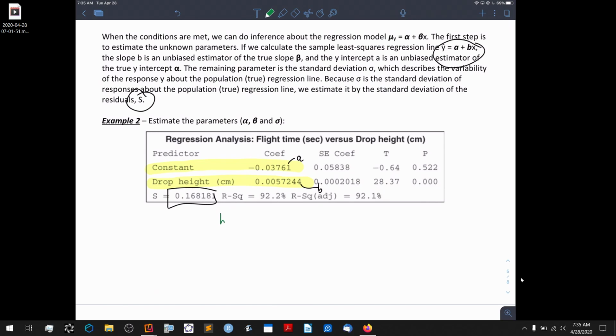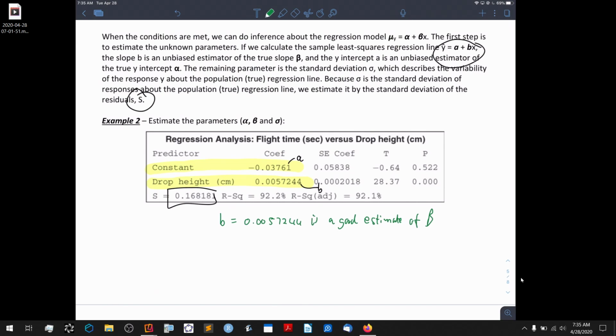All right, so if you have to make estimates, you would say that b equals 0.0057244 is a good estimate of beta.